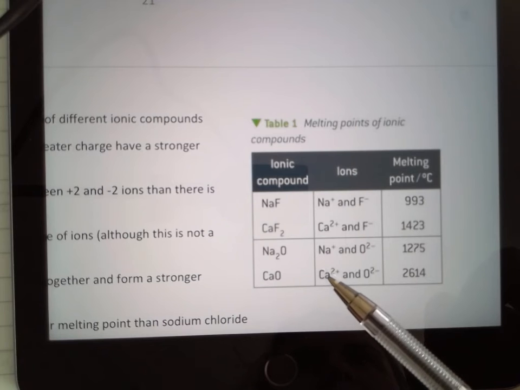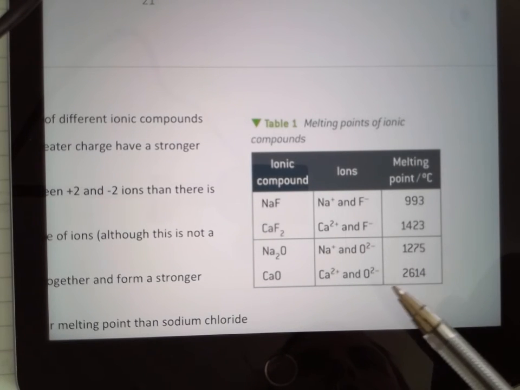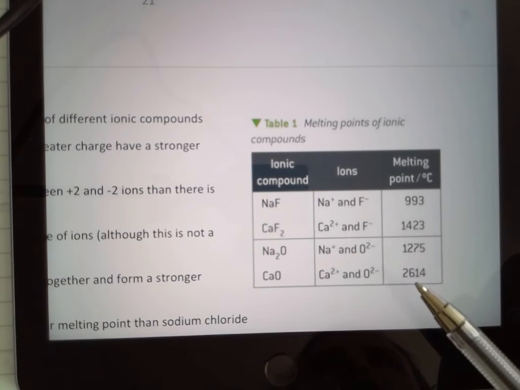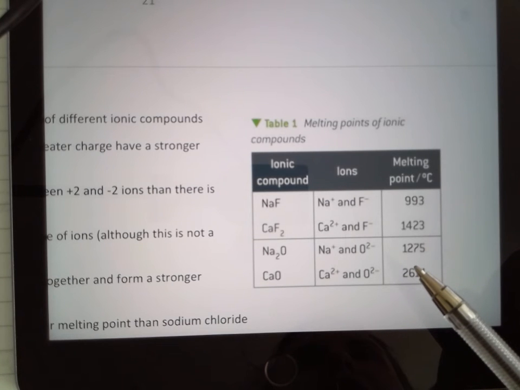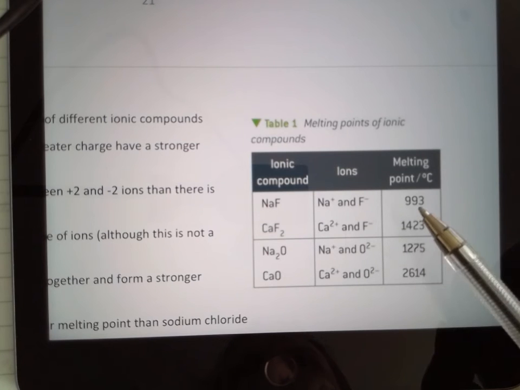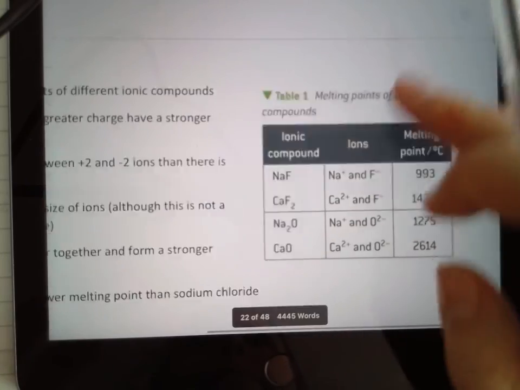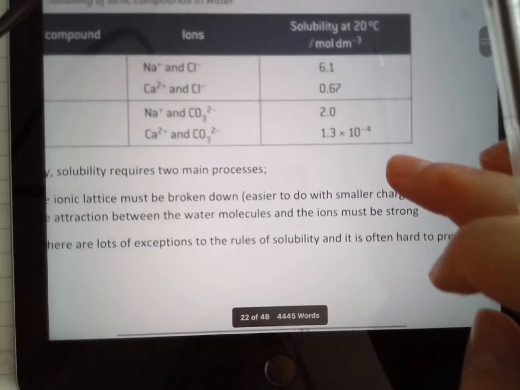Because this attraction is so much stronger between calcium and oxygen, it requires a lot more energy to pull those ions apart when you are melting. So the melting point for calcium oxide ends up being a lot higher than the melting point for sodium fluoride. That can be seen in this table as well.